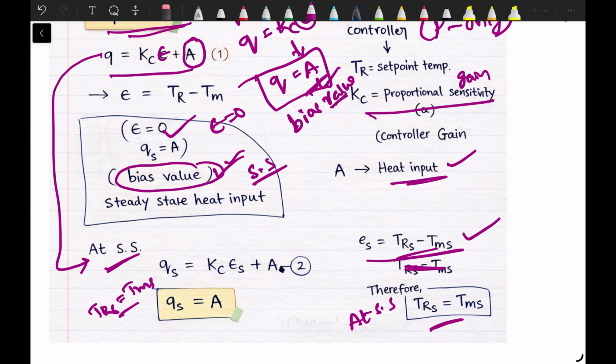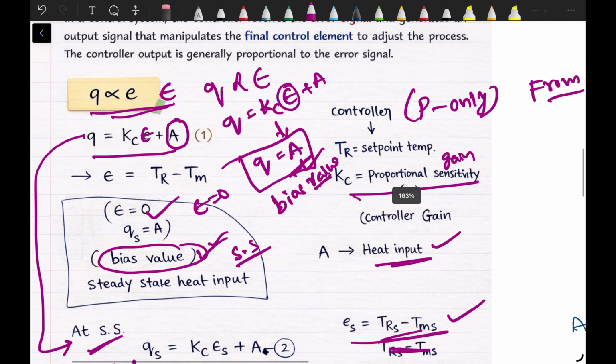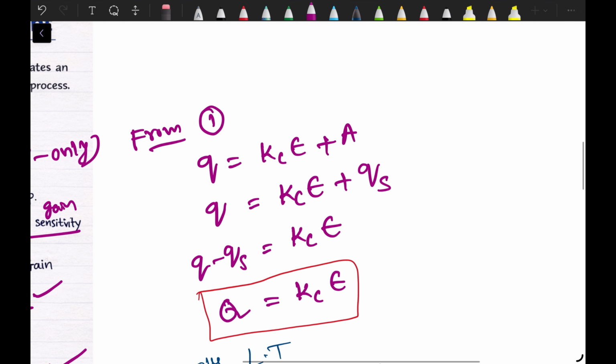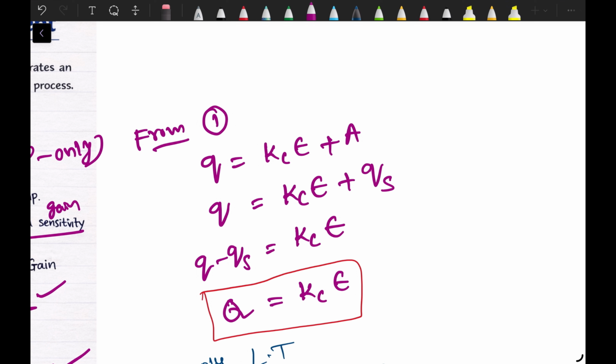Now let's write it in the deviation form. We want to convert the equation into deviation variables, which is necessary before applying the Laplace transform, as we have discussed a number of times.